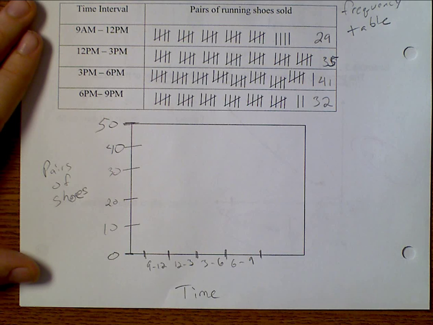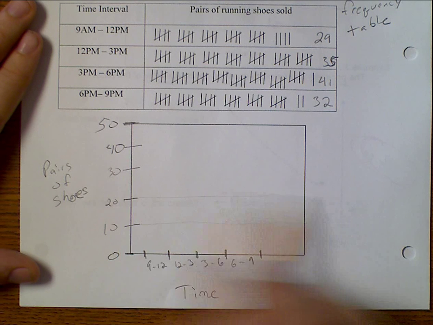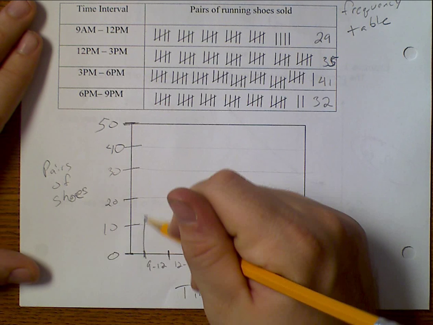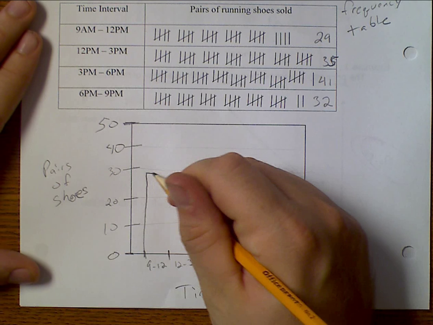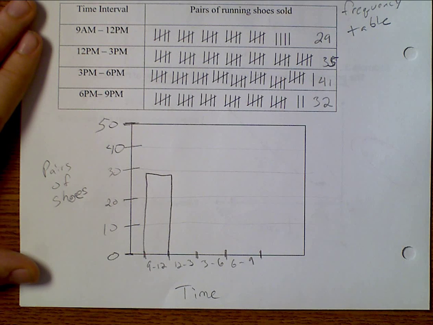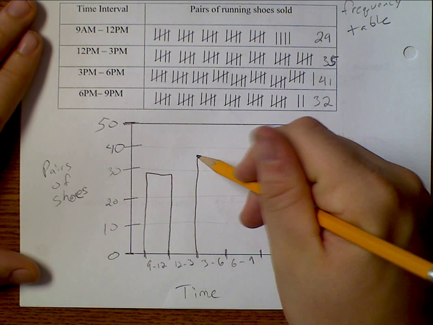So the 9 to 12 group comes almost to 30. And then our 12 to 3 group comes to 35, which is halfway between 30 and 40.